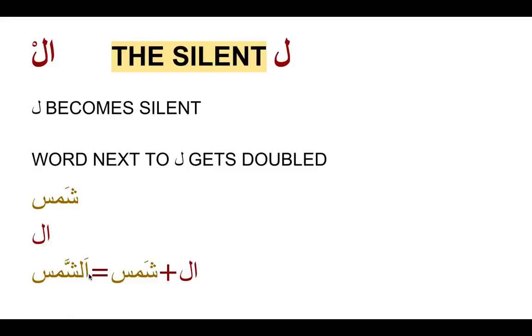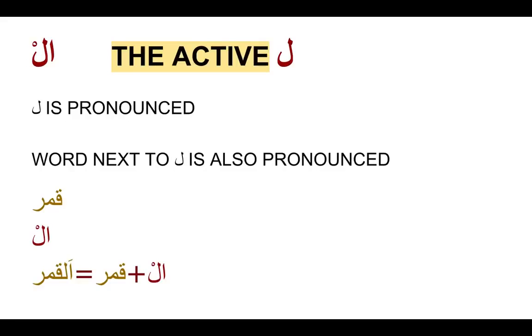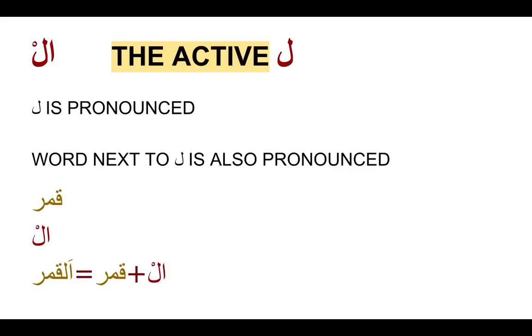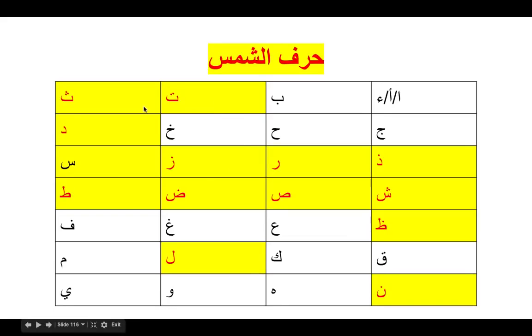So what are those words in which the lam becomes silent, and what are those in which the lam is active? These are called huruf shams and huruf qamar, and these are the sun letters. You see bright yellow is the sign of sun, so these are the sun letters.